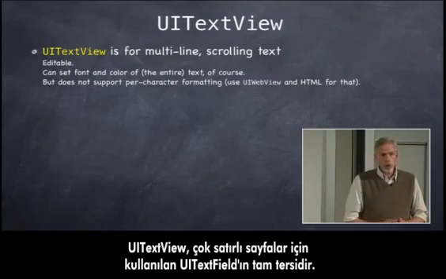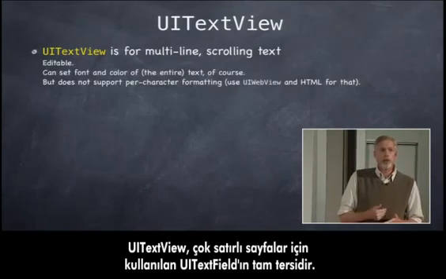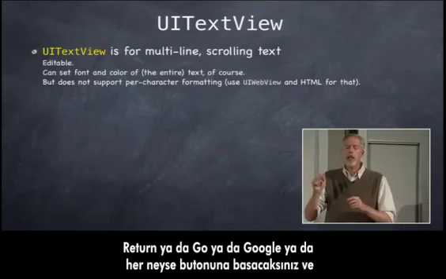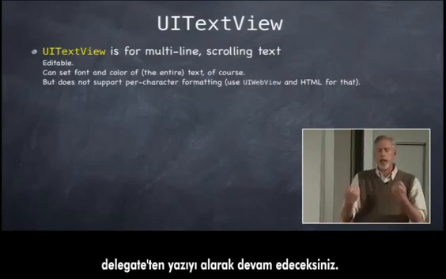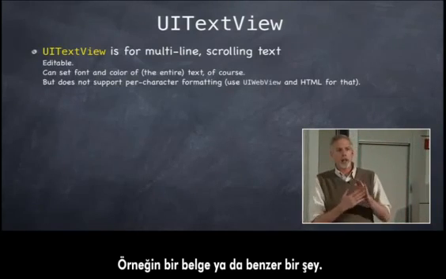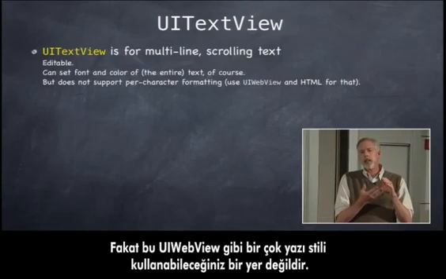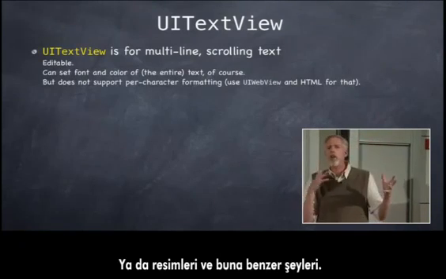UITextView, as opposed to UITextField, is for multi-line scrolling text. Okay, so a text field is kind of for one-liners. You're going to hit return or go or Google or whatever, and you're going to get the text from the delegate and go. UITextView is you've got a whole bunch of text, like a document sort of, but this is not like UIWebView where you can have multiple fonts and images and all that stuff in there.